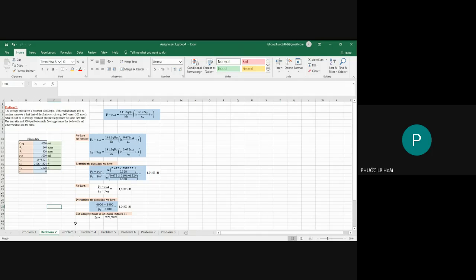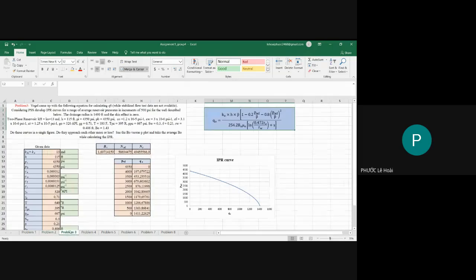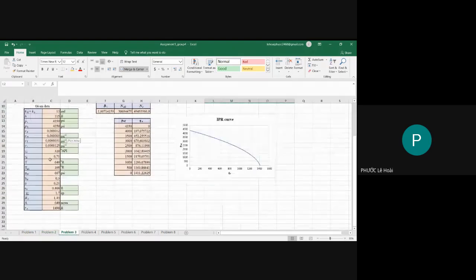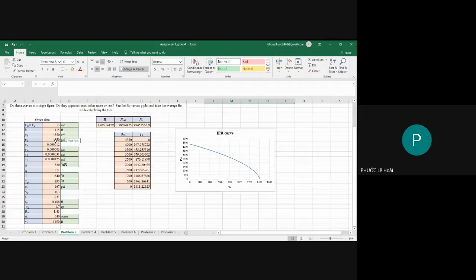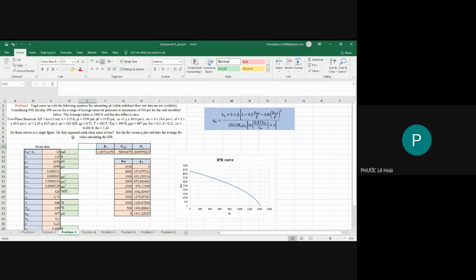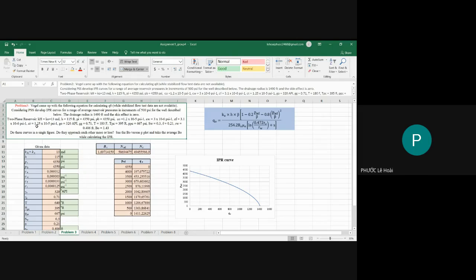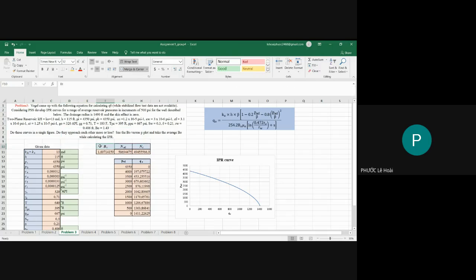Okay, continue to problem 3 here. It is the same as for both problems before. I will have the same data table here, and for the requirements of the problem, first we will calculate the BT, NI, and NT here.